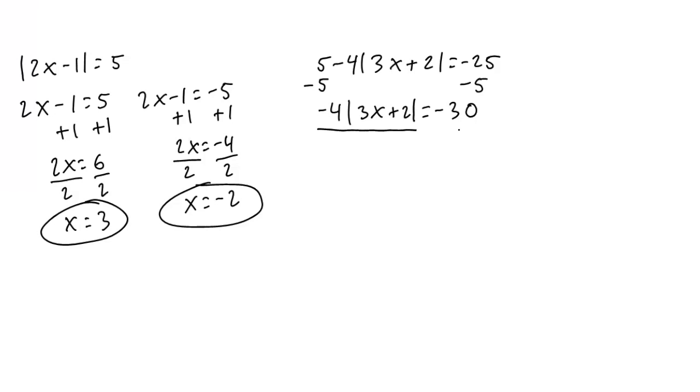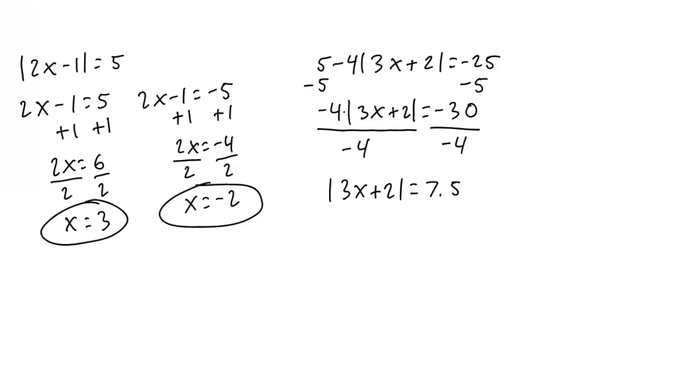Then you're going to divide both sides by negative 4, and you're left with the absolute value of 3x plus 2 equals a positive 7.5. So we divided by negative 4 here because this negative 4 was right next to the absolute value.